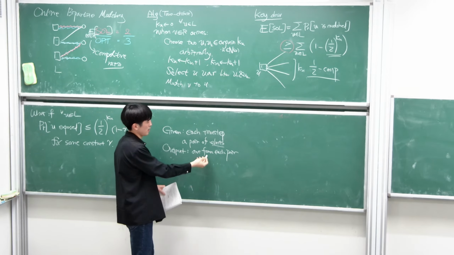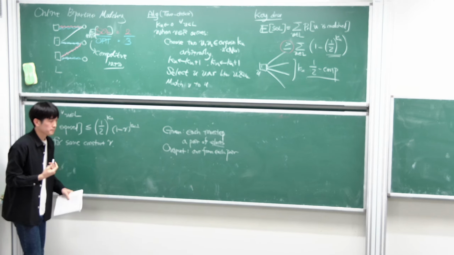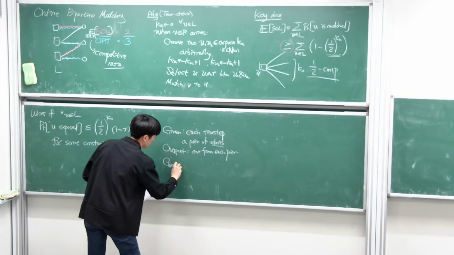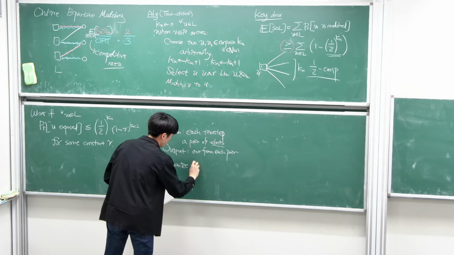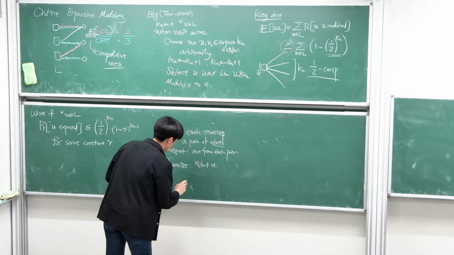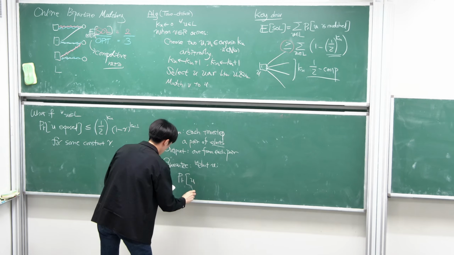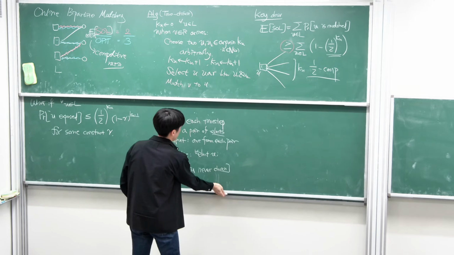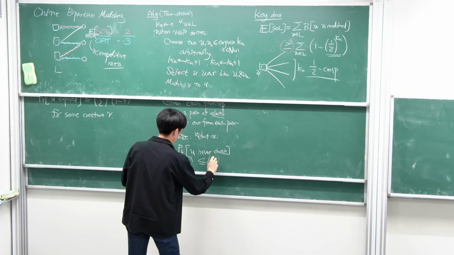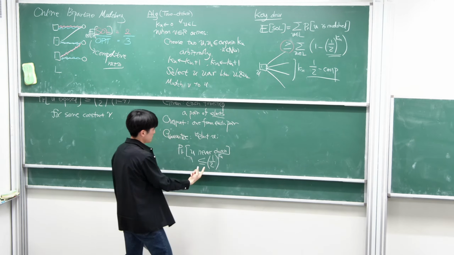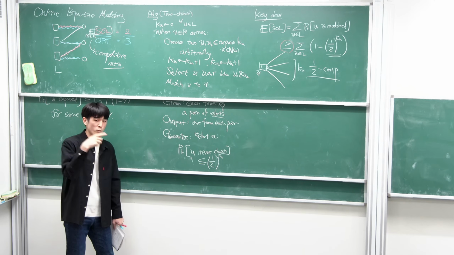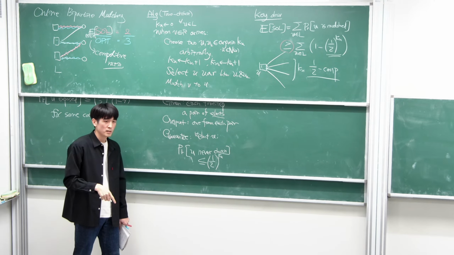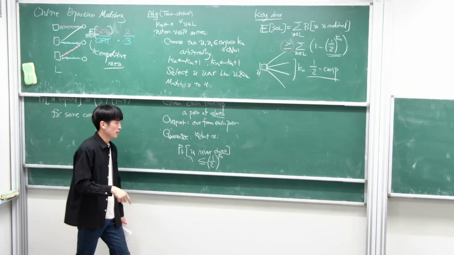We have to choose one element from each pair, irrevocably. What we want to guarantee is that for every element u, the probability that u is never chosen is bounded by this. This is the bound that we can obtain when we choose one element uniformly at random independently from each pair, and we want to guarantee this much.